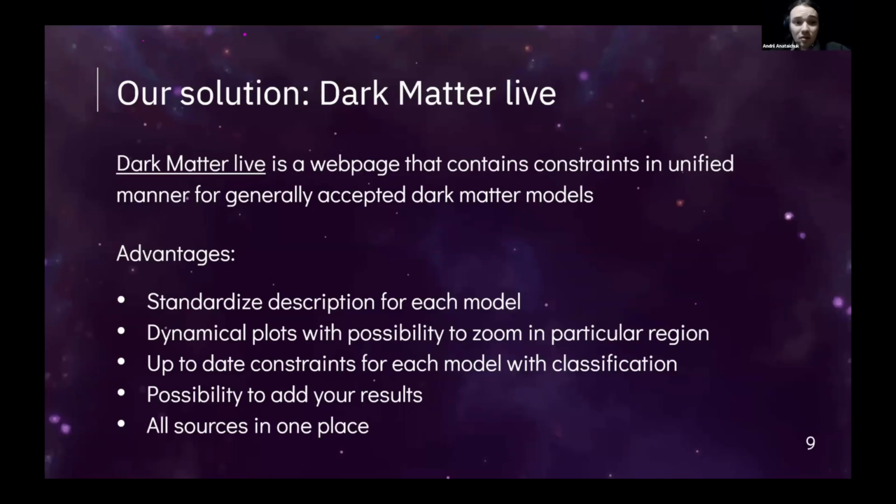We consider the main advantage of this approach to be that we can create a standardized description for each model and make our plots dynamical, which makes it possible to zoom in on particular regions, go left, right, and so on.